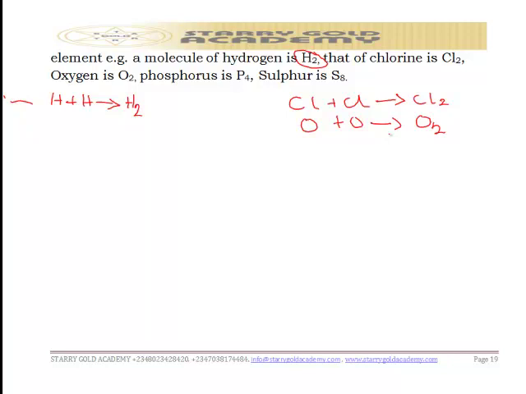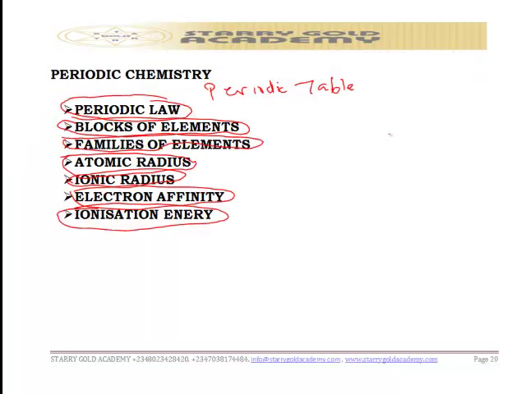So today we're going to talk about something important, which is periodic chemistry. Under periodic chemistry, we're going to talk vividly about the periodic table. The periodic table we enjoy using today was developed by scientists.